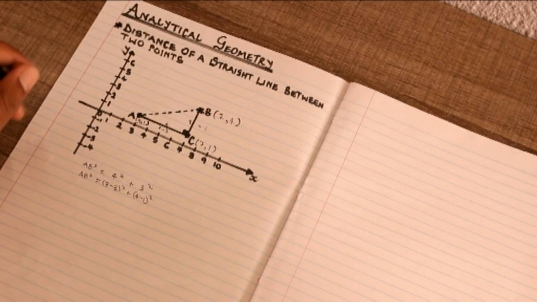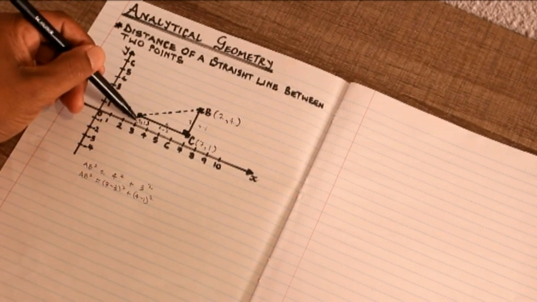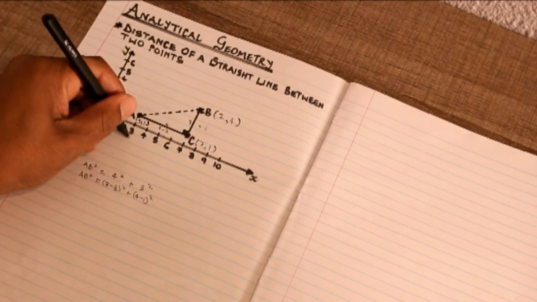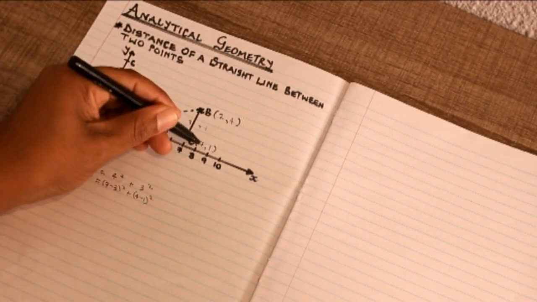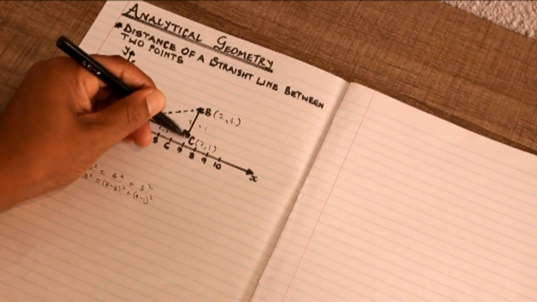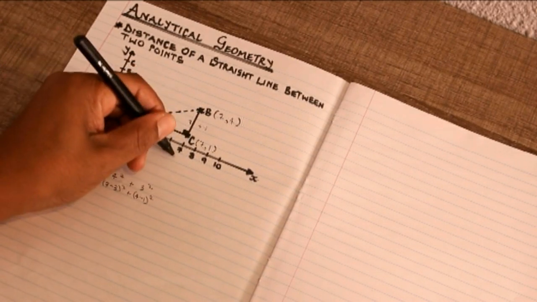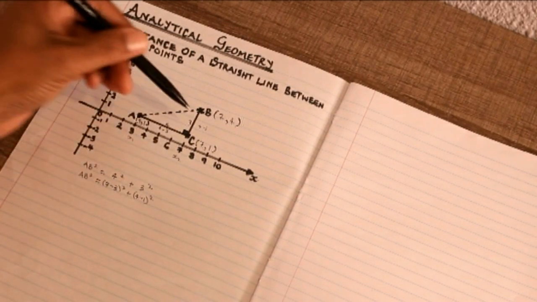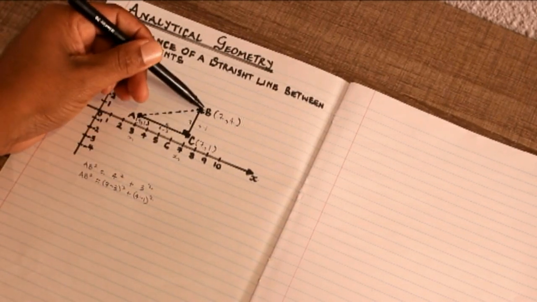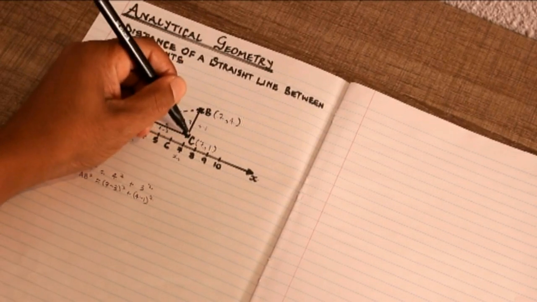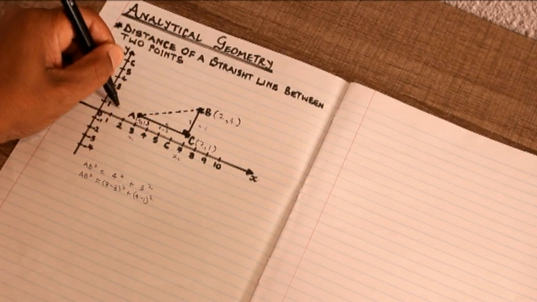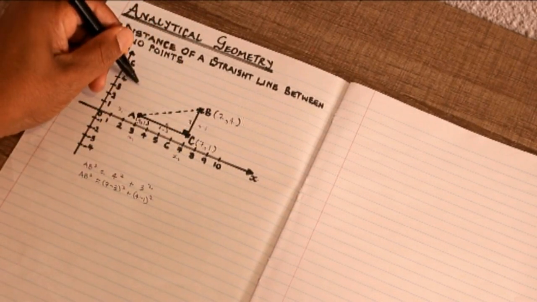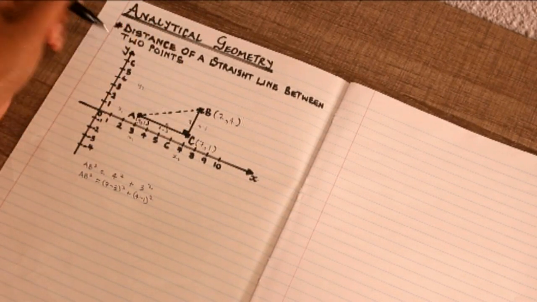Do you see that? Now if you look at this 7 minus 3, this is the first x value, x1, and the 7 is the second x value, which we can write as x2. Now if you look at 1 and 4, this is the first y value, y1, which is 1, and this one is our second y value, y2.